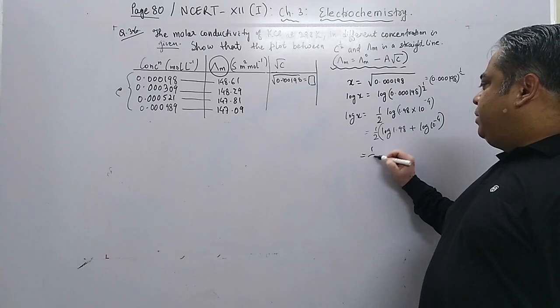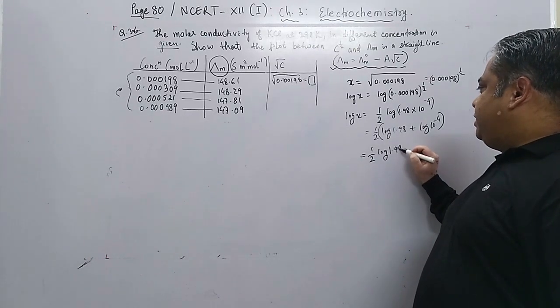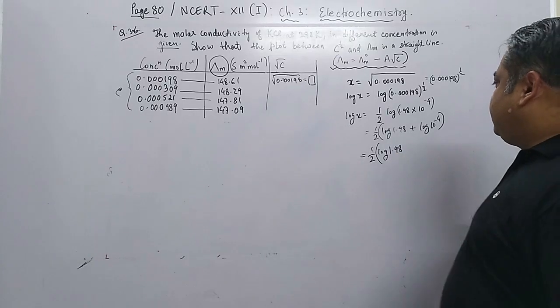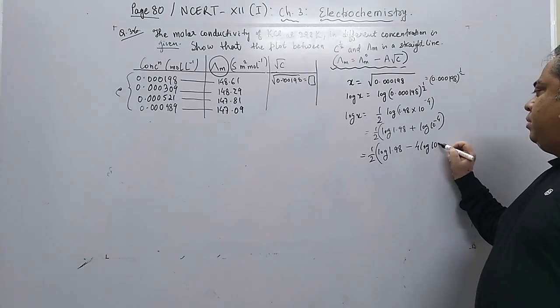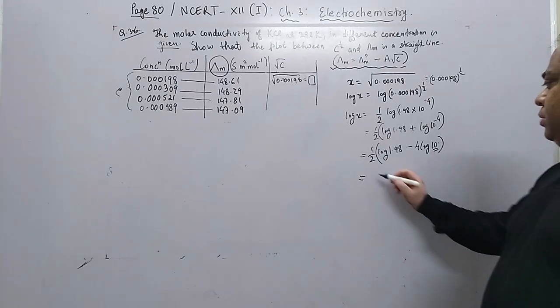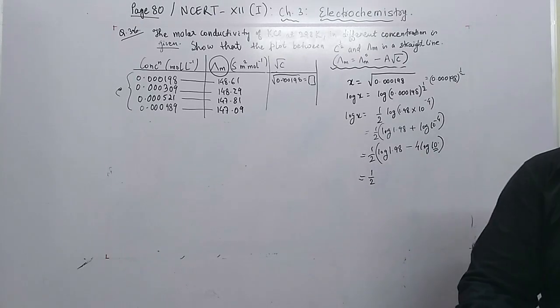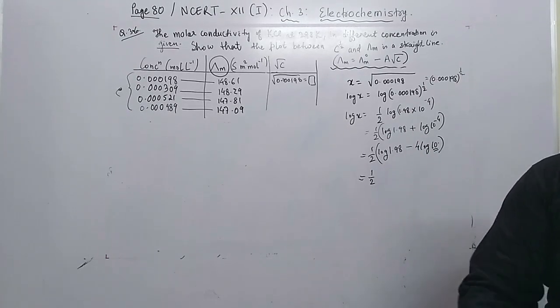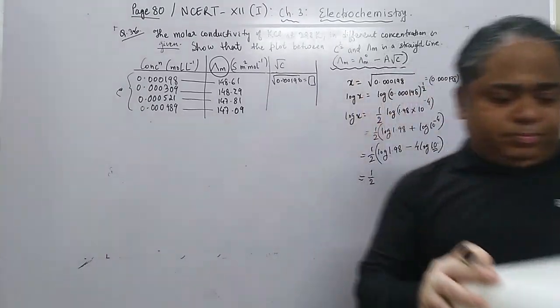This will become 1 by 2 of log 1.98 minus 4 log 10. The value of log 10 is 1. So this will become 1 by 2, and the value of log 1.98 we can find out from the log table, which is there at the end of this textbook.